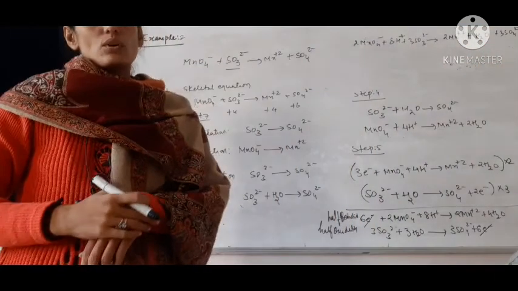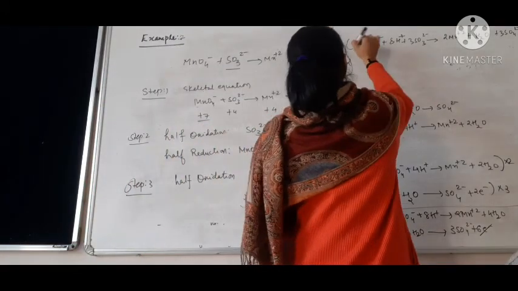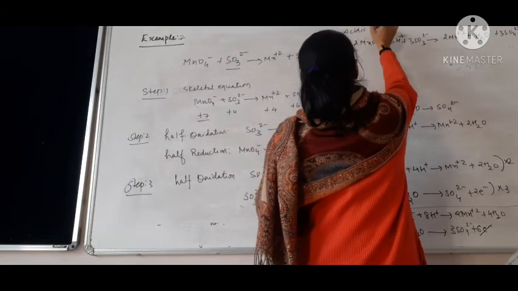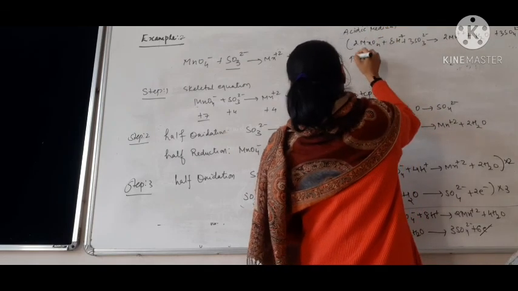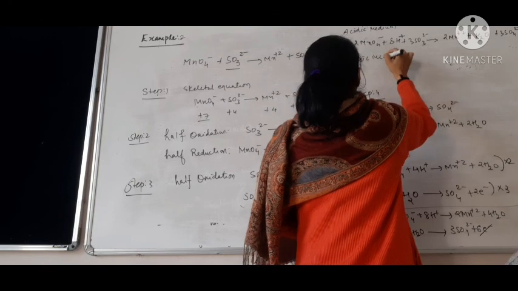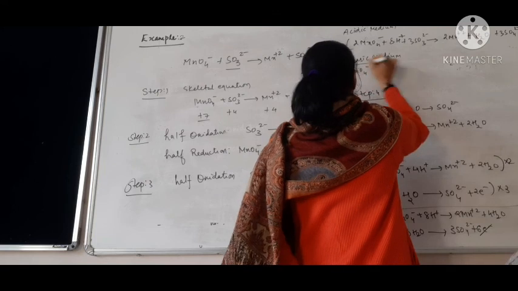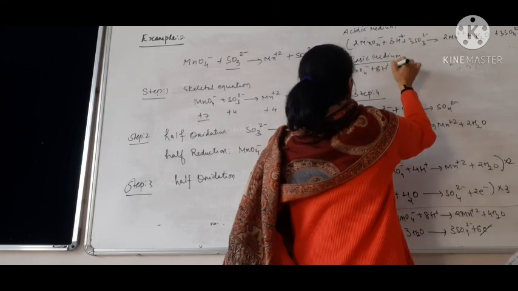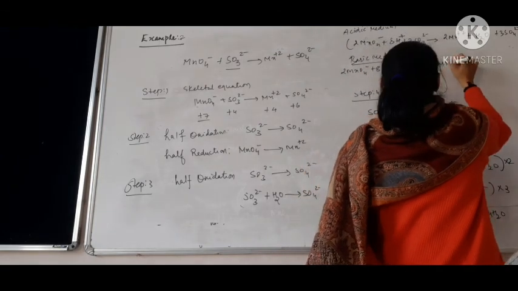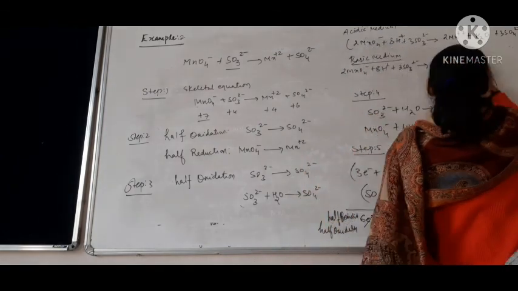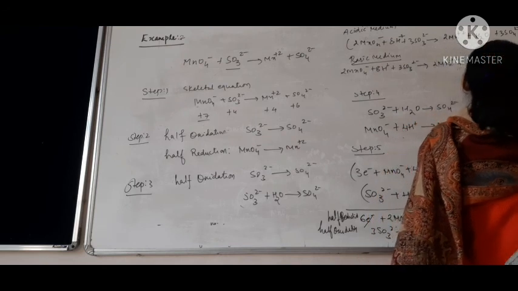And for basic medium, we have to add OH minus ions. So we have 2 MnO4 minus plus 8H plus plus 3 SO3 minus 2, giving 2 Mn plus 2 plus H2O plus 3 SO4 minus 2.